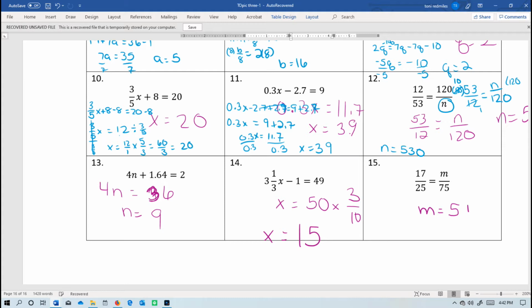Okay, so the 1.64 is being added to the 4n, so I'm going to subtract it from both sides. Two minus 1.64 is going to be 36.36.